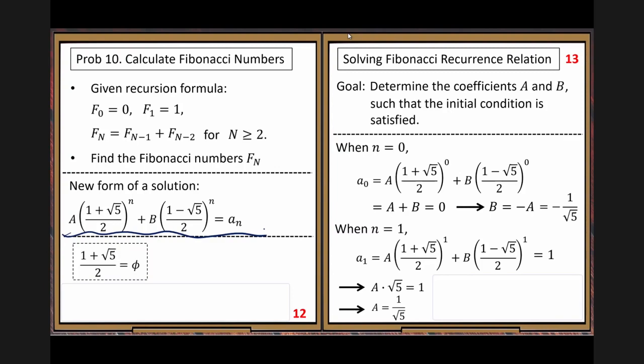But we use the golden ratio notation here. 1 minus root 5 over 2 is negative 1 over phi. So you can see after that substitution, our final solution becomes this one. This is the phi constant. We derive it.